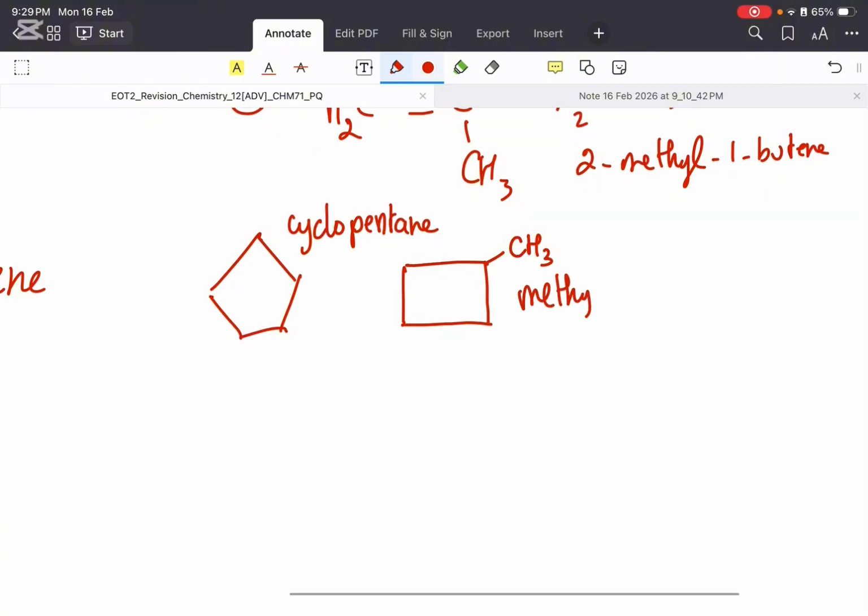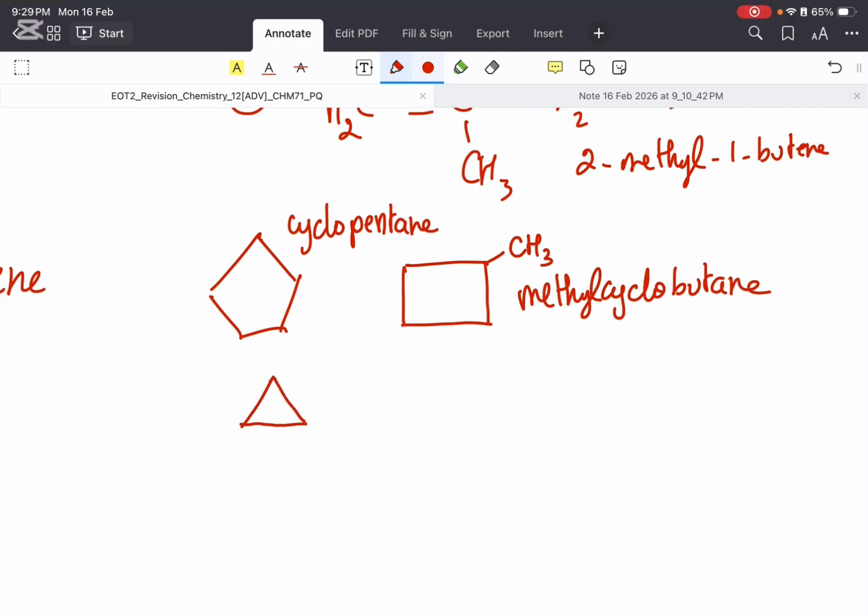So methylcyclobutane. Or for example, you can make a triangle and have 2 branches on it. Again, 1,2-dimethylcyclopropane.